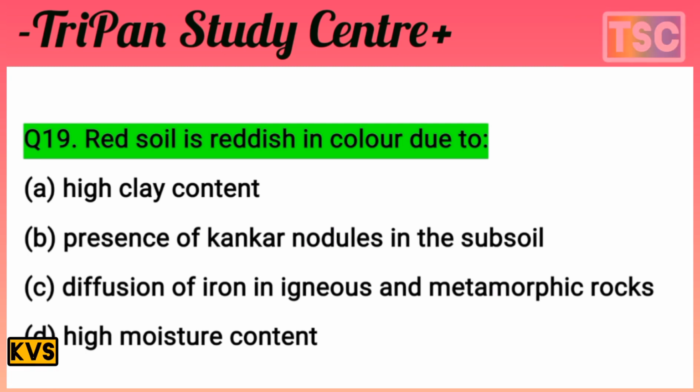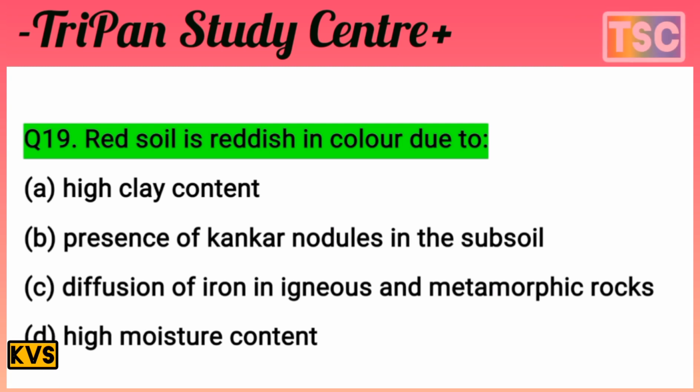You must have thought of your answer. Let's see what our answer is. Red soil is reddish in color due to the reasons given here. High clay content is not the answer, so A is rejected. B, presence of kankar nodules in the subsoil, is also rejected.